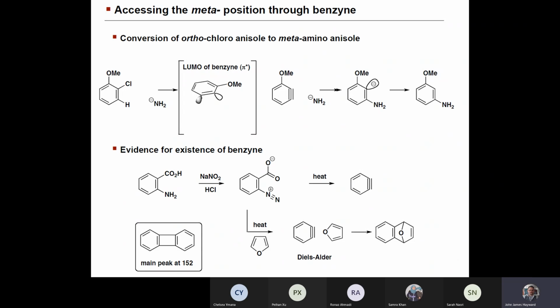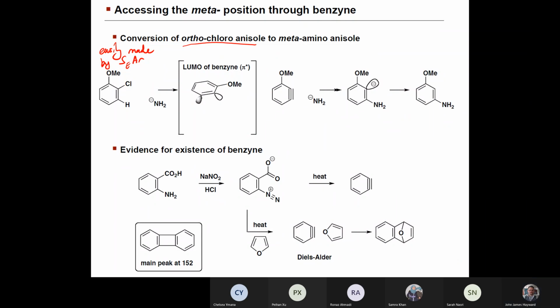We start with ortho-chloroanisole, which is easily made by electrophilic aromatic substitution, ortho-selective, or of course you could even make this product by doing ortho-lithiation and then addition of a chlorine source.